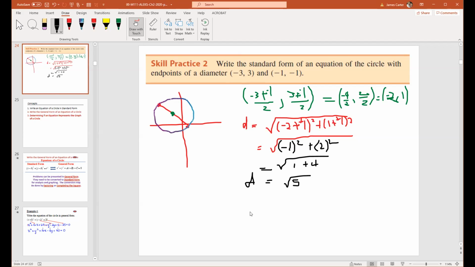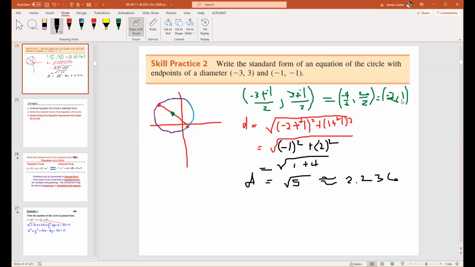So square root of 5, 2.236. My memory had failed. It's approximately, remember we have to use that anytime that it's not exact, 2.236.